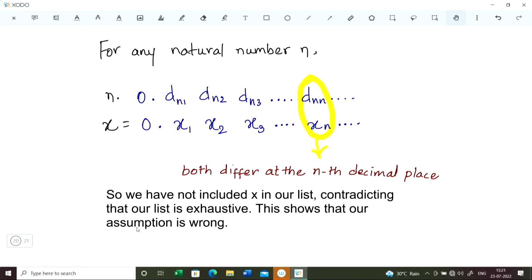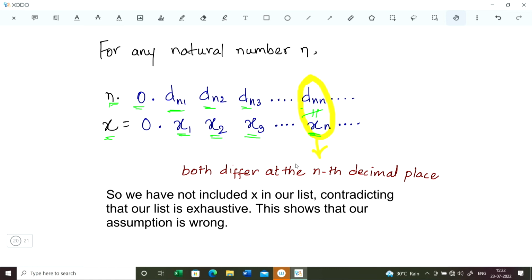How will the number at index n look? It's 0 point d_n1, d_n2, d_n3 and so on, right? Does this make sense? And since our x1 is not equal to d11, x2 is not equal to d22, x3 is not equal to d33, in that pattern we can say that xn is not equal to dnn. Does that make sense? Right?